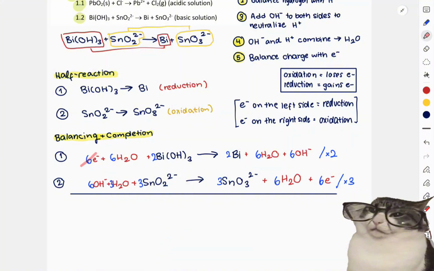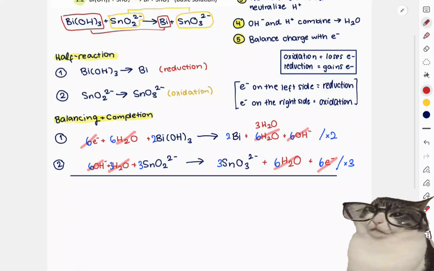So now we can cancel the electrons out, the hydroxide ions out, these 6 water molecules out, and 6 minus 3 would be 3, so we would have right here 3 water molecules.